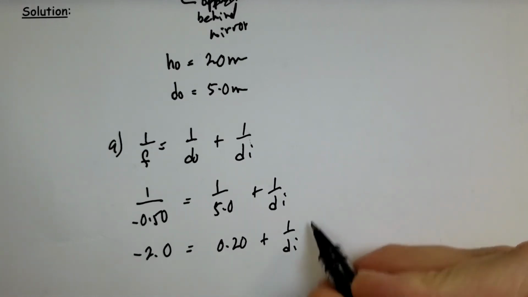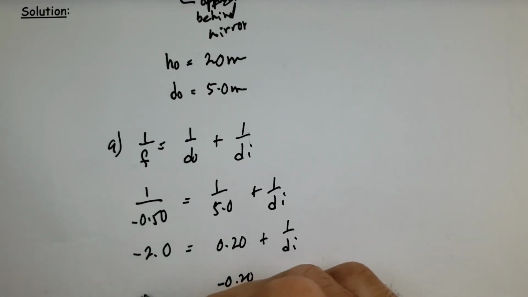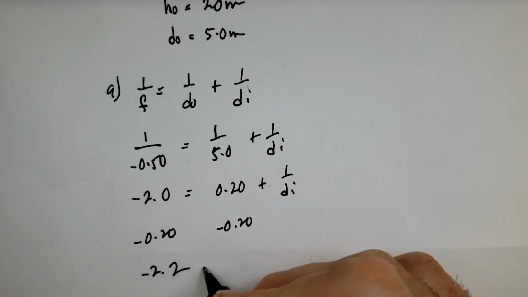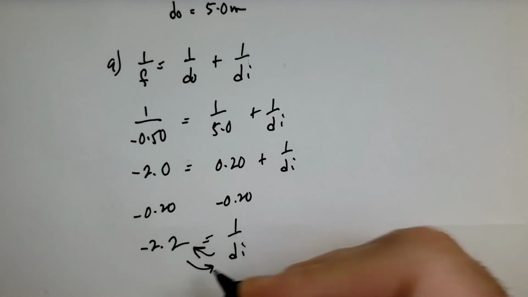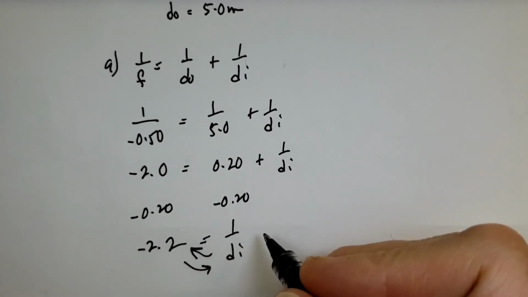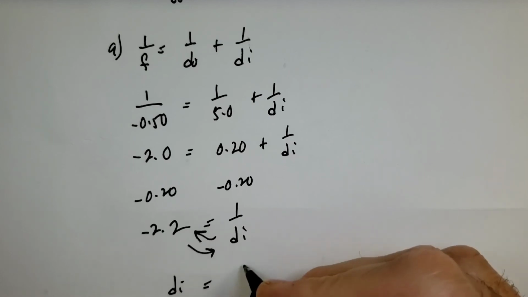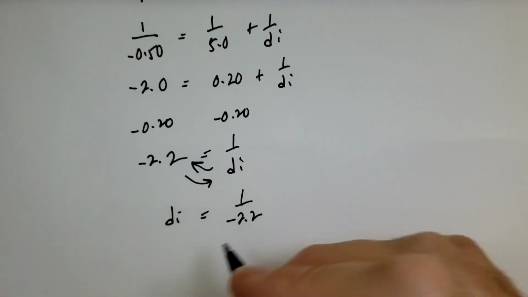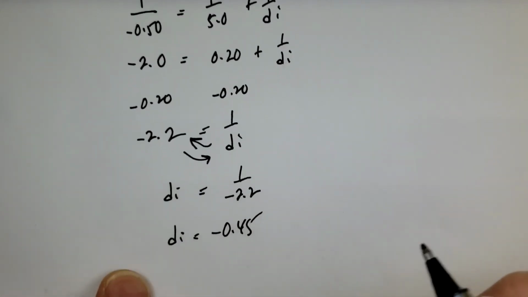So to isolate DI, I have to isolate 1 over DI first of all. So subtract 0.2, subtract 0.2. So here I get negative 2.2 is equal to 1 over DI. And of course here, multiplying both sides by DI and dividing by negative 2.2 basically gives me the same result as simply interchanging the two. So we get that, and that's going to result in negative 0.45.